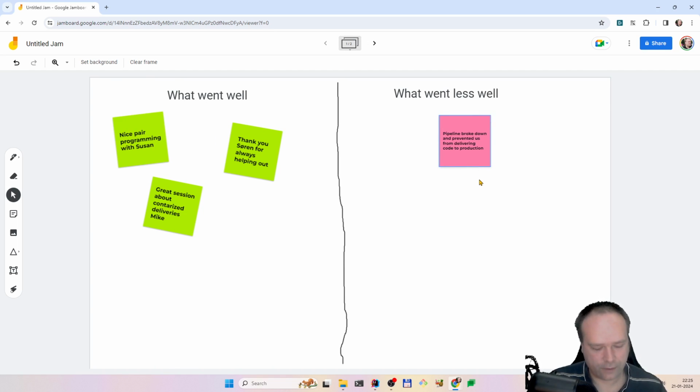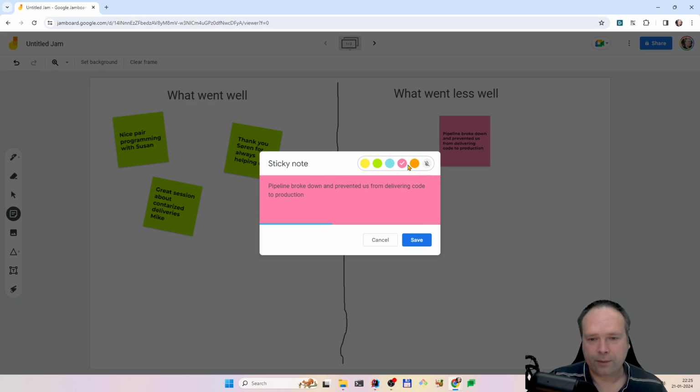And you have some other ones that are on the right side, and this could be something like, what else could be bad? Maybe this time we overcommitted. We always overcommit to the Scrum sprint.